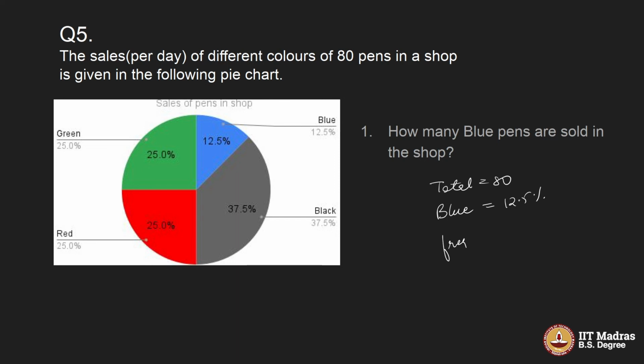By the formula, the frequency is the relative frequency times the total frequency, which will be 80 times 12.5 by 100, which is 10. So the number of blue pens sold in the shop is 10.